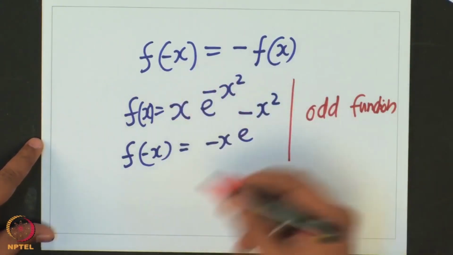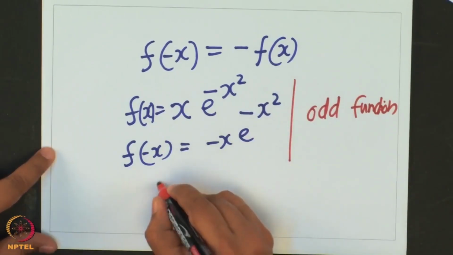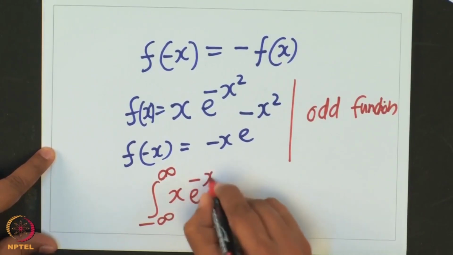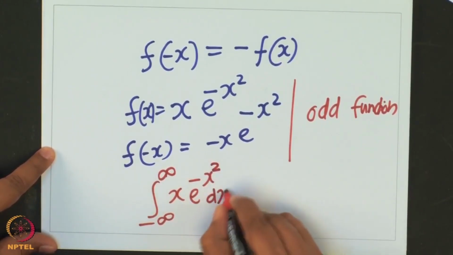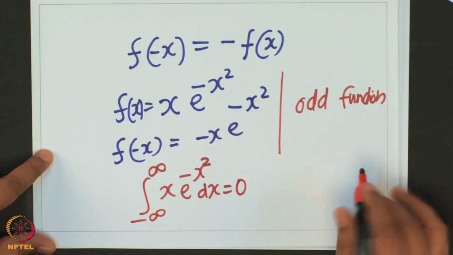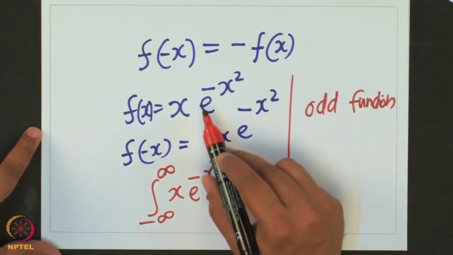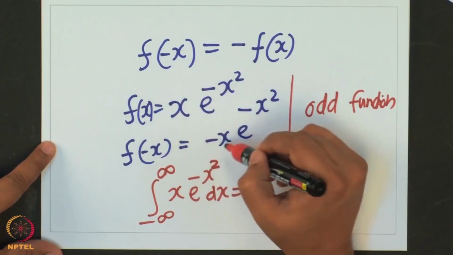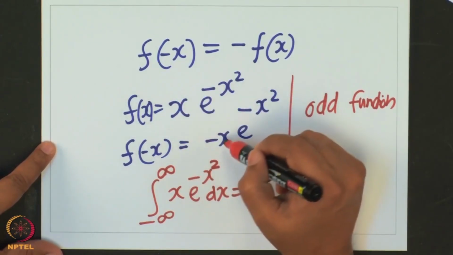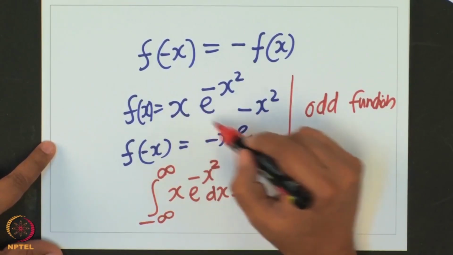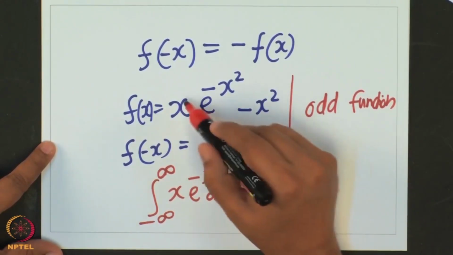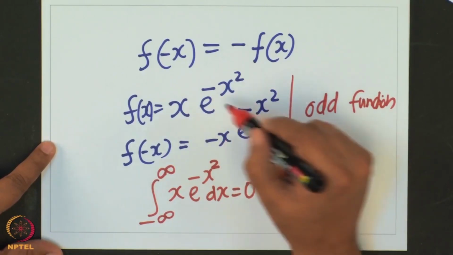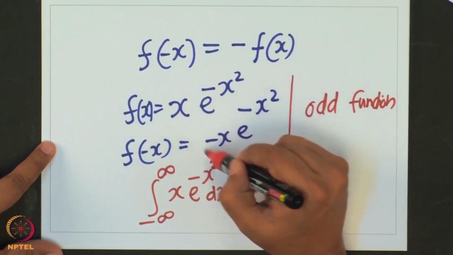So such an integral, for example, from minus infinity to infinity of x e power minus x square dx would be 0, because if I plot it, for every positive x value, there will be an equivalent negative x value with an opposite sign. So these two are equal up to a sign. These two functions, x e power minus x square and minus x e power minus x square, are the same except for this minus sign.